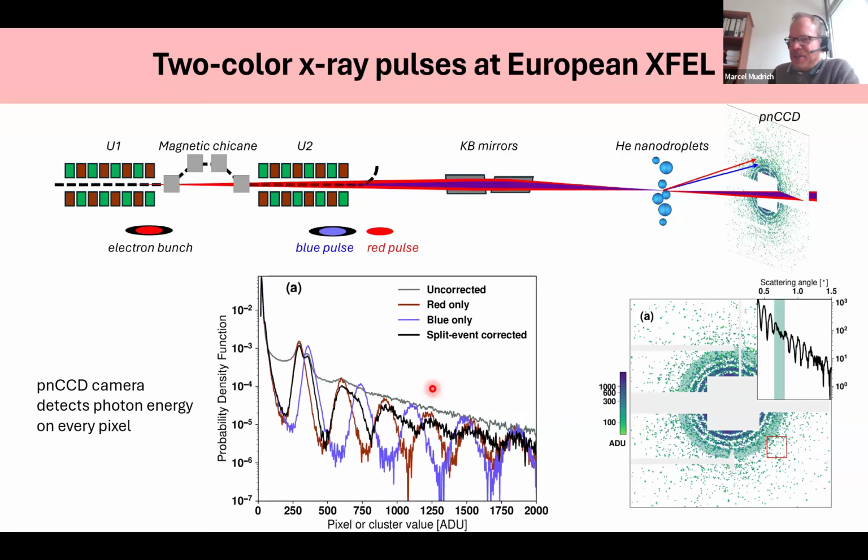But even more interestingly, this pnCCD X-ray camera has the unique property that for every pixel where light is detected, it doesn't only detect how bright it is, how many photons hit the pixel, but we can even detect more or less what the photon energy was, the color. You can see here on the x-axis what we call the ADU value, but essentially it's the charge produced by a photon hitting a pixel, which can then be read out.